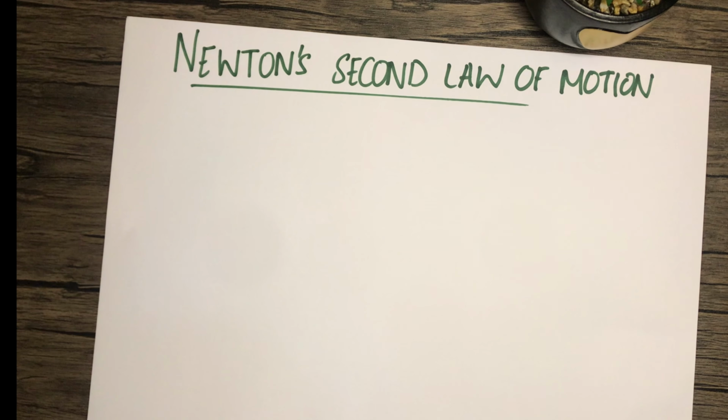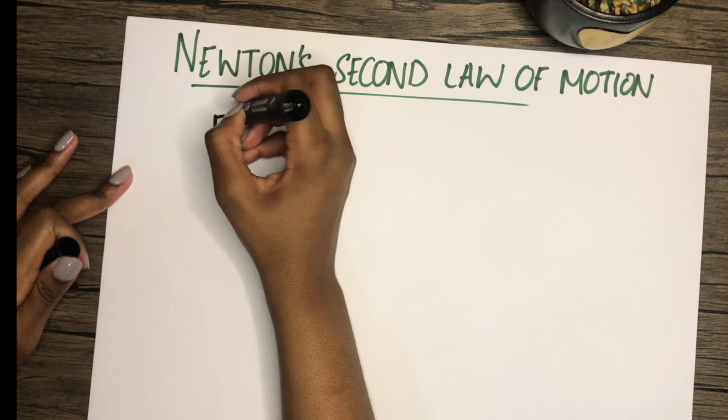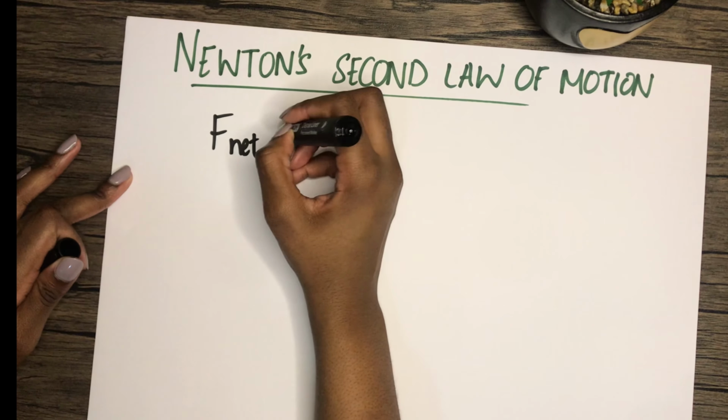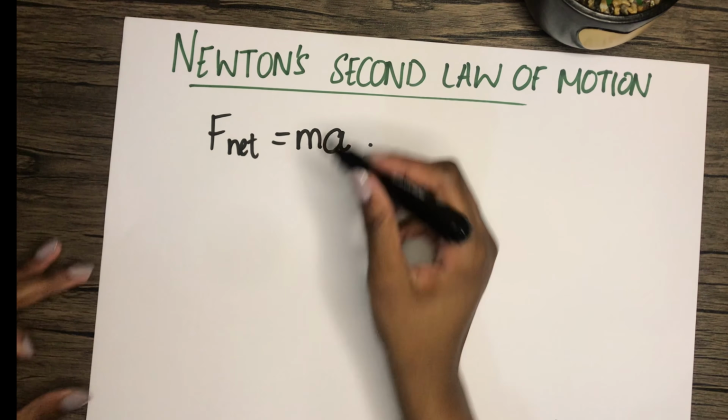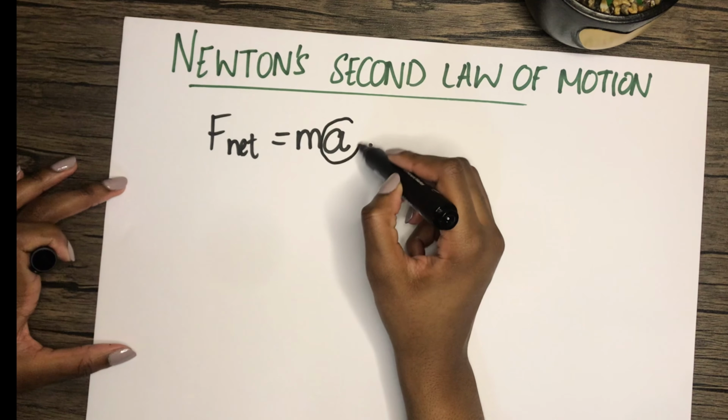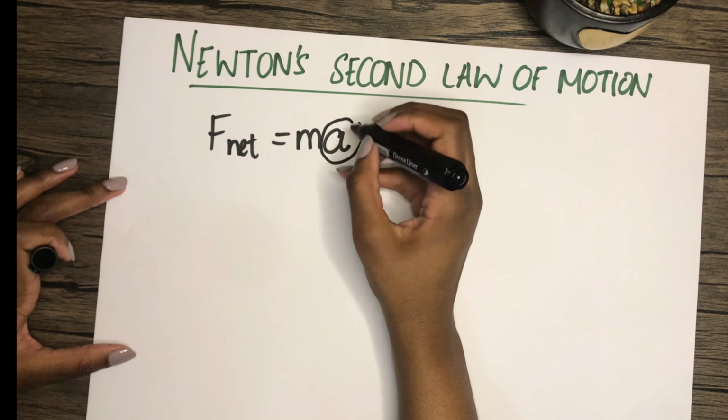Okay, moving on to Newton's second law, just the concept again. For Newton's second law, we say net force is equal to mass times acceleration. Now the acceleration is measured in meters per second squared, net force is measured in newtons, and the mass is measured in kilograms.